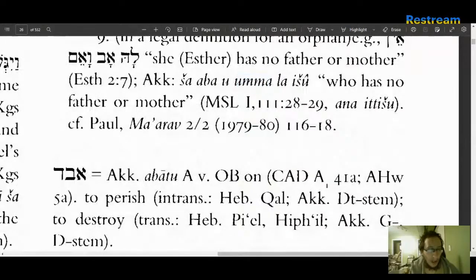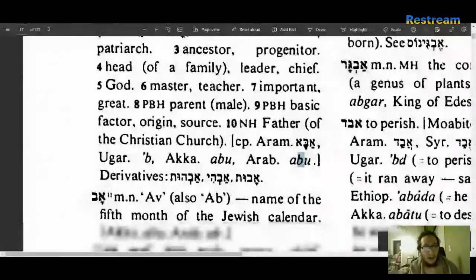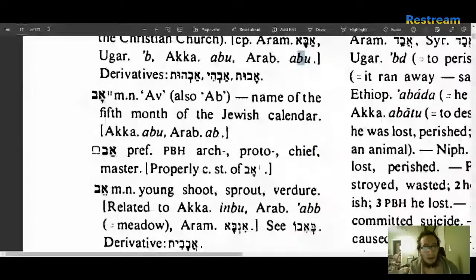The next word in the Akkadian book is abad, but before we go to that, let's check any of the other words. We're going to go now to the comprehensive etymological dictionary. So after comes the fifth month of the Jewish calendar, and that is Av.